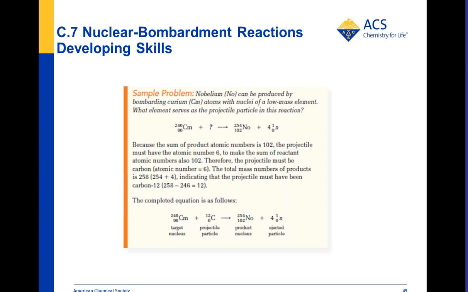And they learn that they can identify everything by identifying the proper mass number and the appropriate atomic number. In this case, they go to the periodic table and see that number 6 is carbon, so they can write the entire isotopic notation for the missing element. All right.